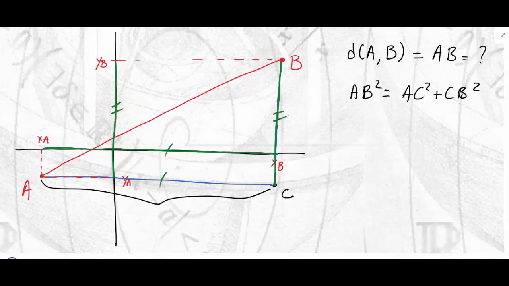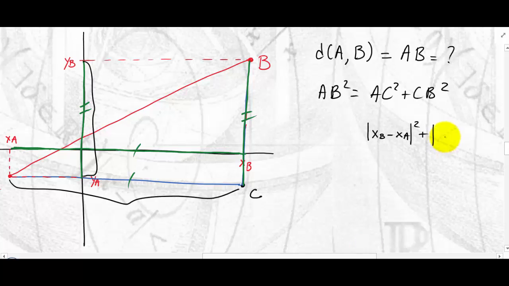Now we have defined the distance between 2 points on a real line, okay? So AC squared is the same thing as the absolute value of XB minus XA, squared, plus CB, I'm talking about this one now, the absolute value of YB minus YA, squared, okay? We've done that in some set of notes before, I think it was in absolute value.